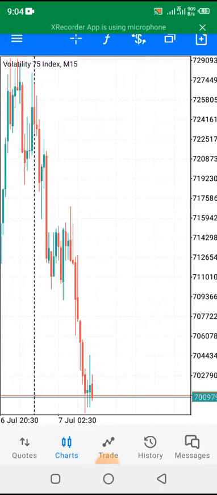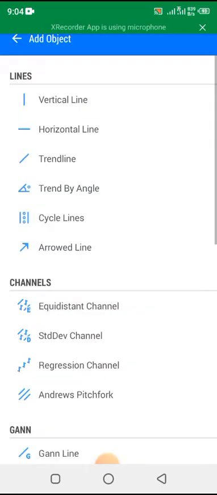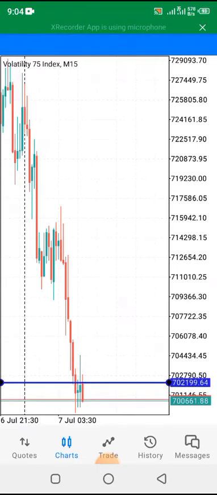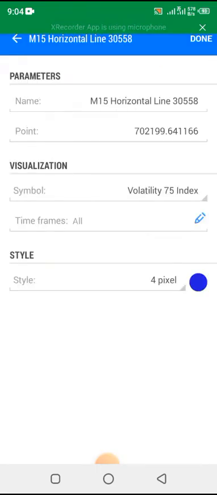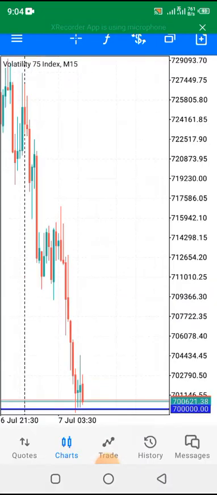So what's the nearest rounded off number? Let's put it at 700,000. Let me plot it and show you, 700,000. Now this is our first psychological level, which will act as our support and resistance.